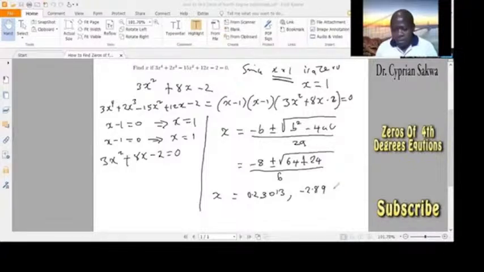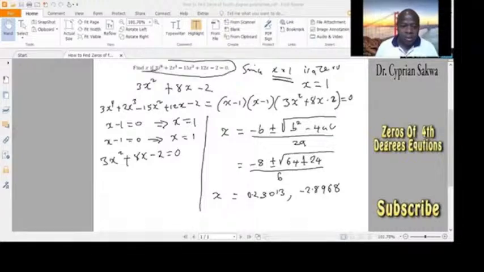That is a very long value. So we have our solution to this equation. Our zeros are x equals to that, x equals to that, or x equals 1, as we saw here. This must have 4 solutions, and these are our 4 solutions. That is how I solve this.